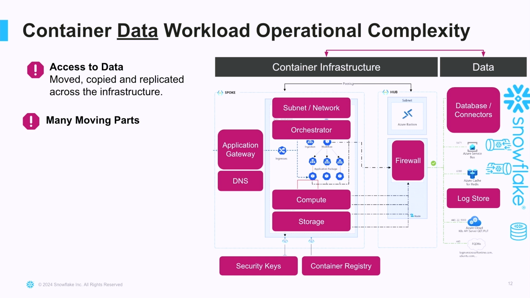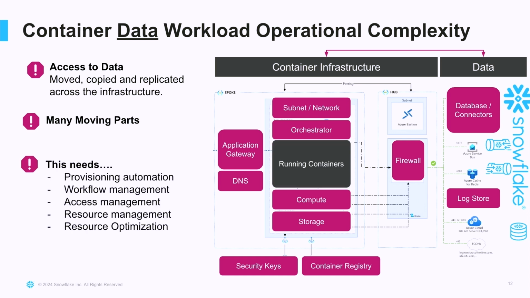You need to have a pipeline to Snowflake. You need to have your compute, storage. You need to have a container registry. You need to have security keys. You need to have an application gateway, firewall. And I'm pretty sure this is a partial list. But this is a real architecture that we tried on another container platform.